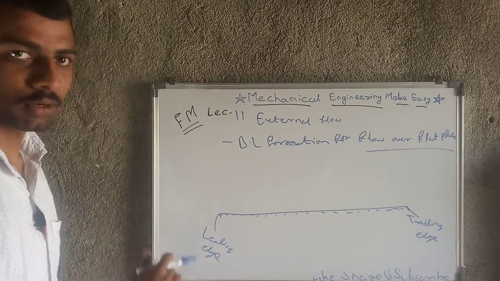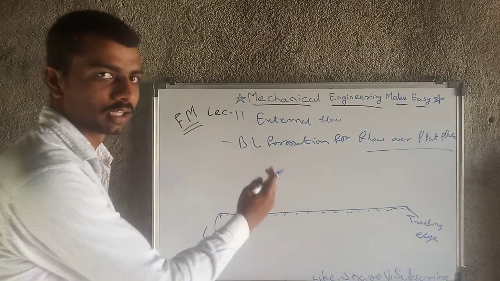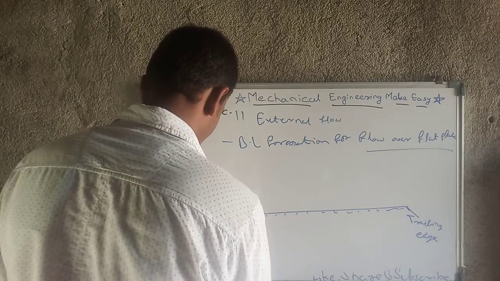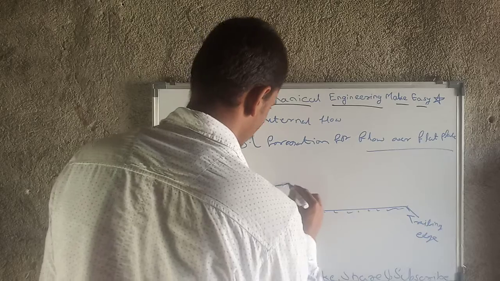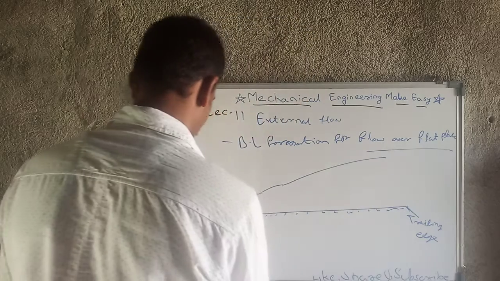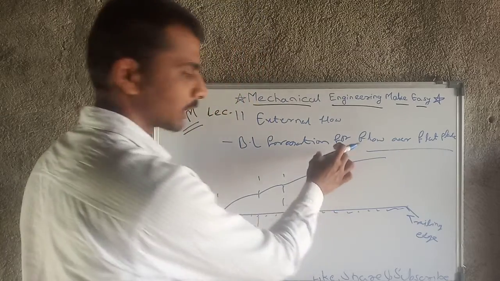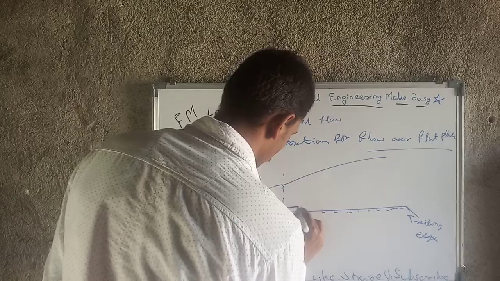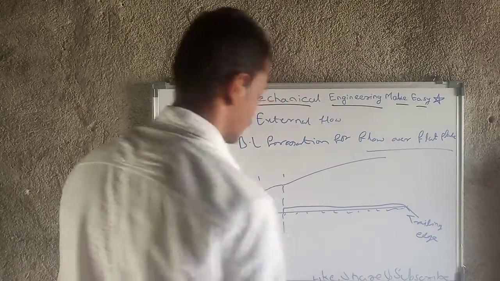Majorly the boundary layer formation has three sections: one is laminar, then transit, and then turbulent. A profile like this will be there. And when the turbulent boundary layer forms, at that time a small laminar sublayer forms there.